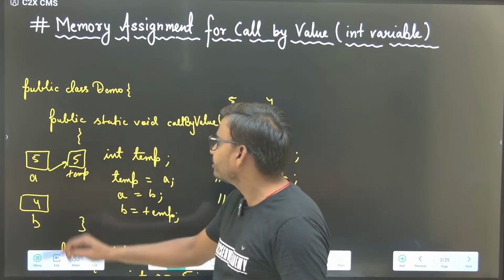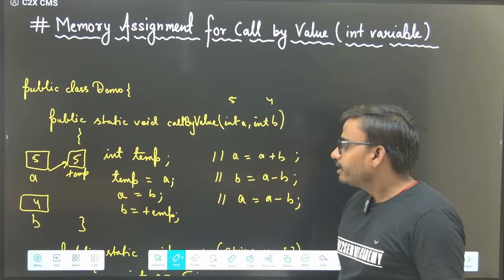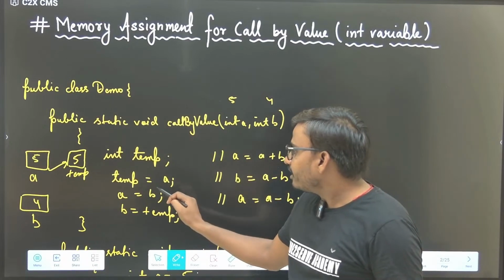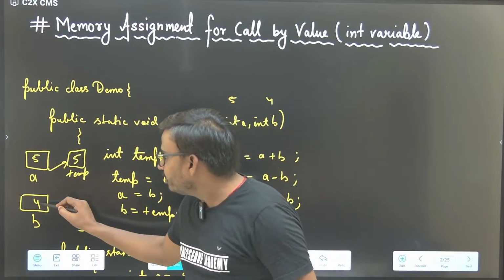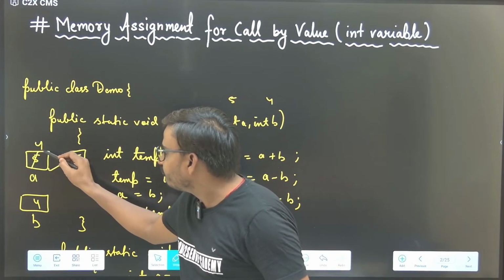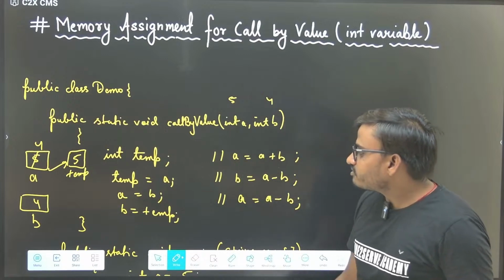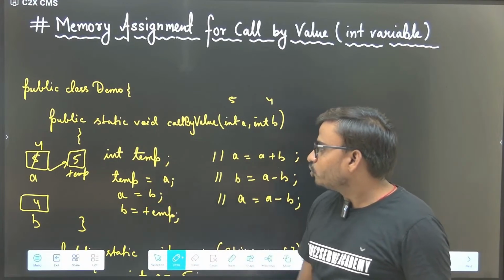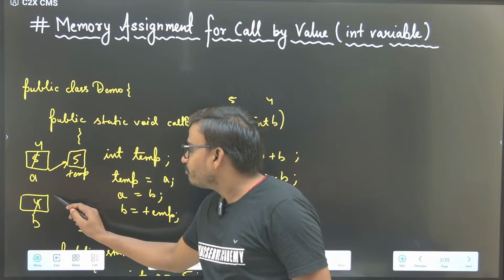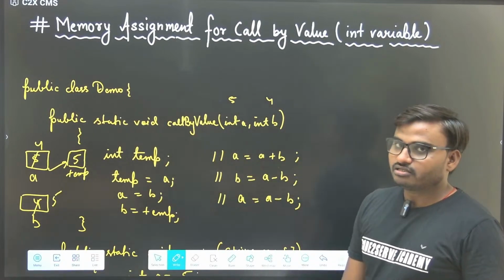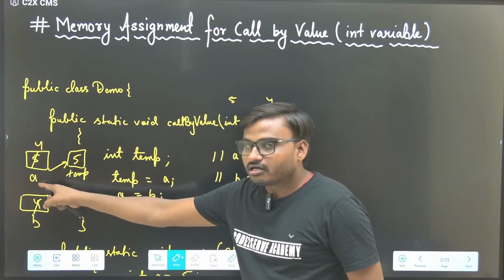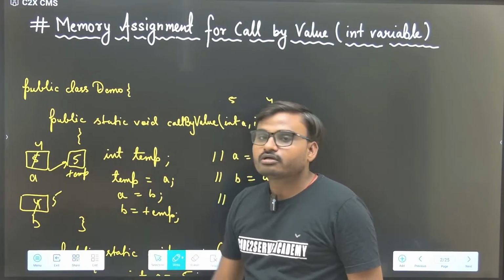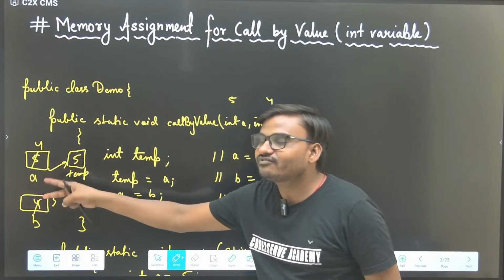Then we copy the value of b into a, so a will become 4. Now we copy the value of temp into b. Temp is 5, so we copy it to b. So we had 5 in a and 4 in b, but now we have swapped them.